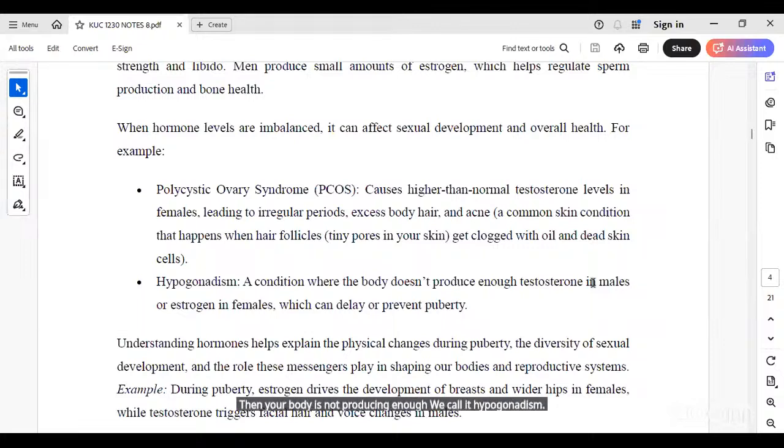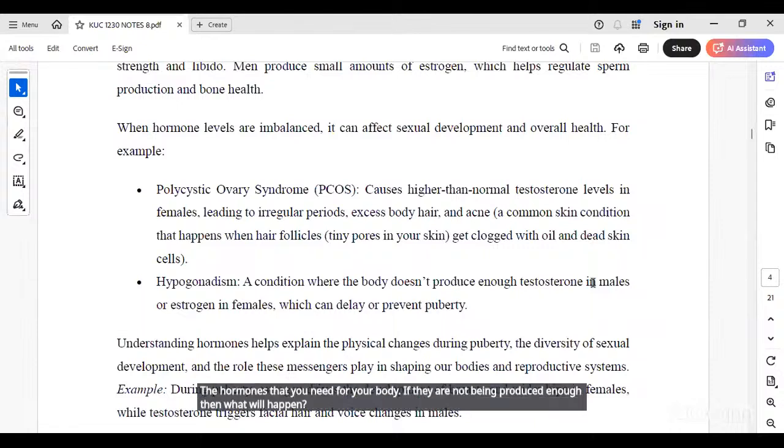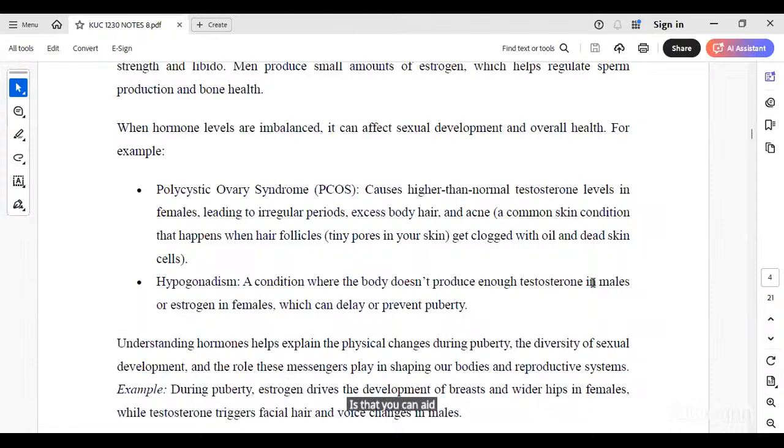So your body is not producing enough of those two hormones, the hormones that you need for your body. If they are not being produced enough, then you can either not have puberty or you will have puberty that is delayed.